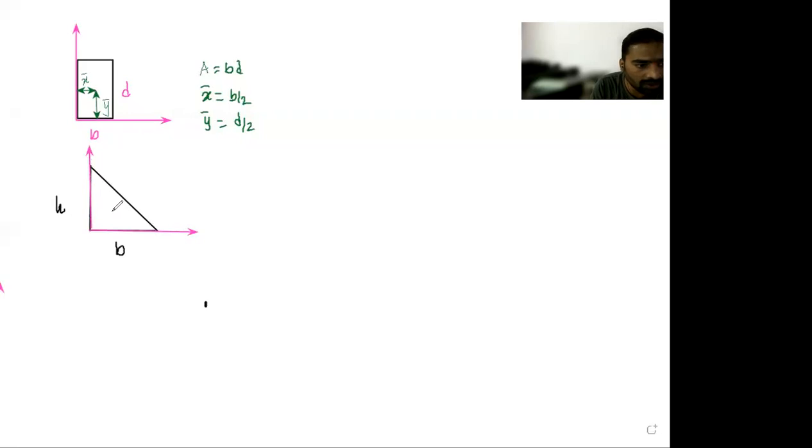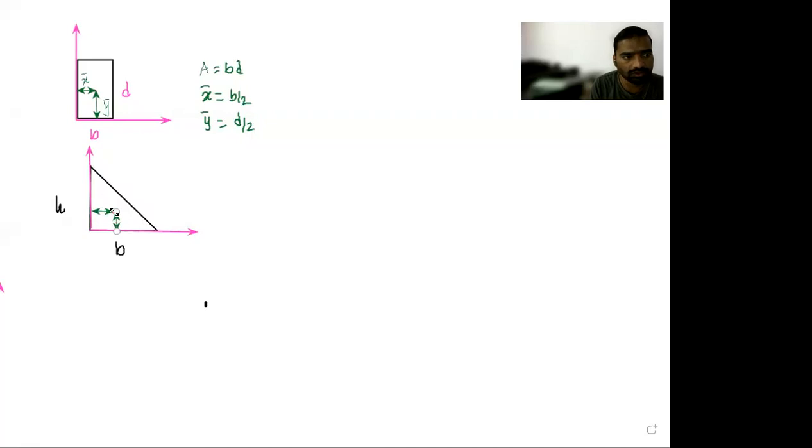Where is its centroid? It will be somewhere here. I have to calculate its centroid. This is your x bar and this is your y bar.